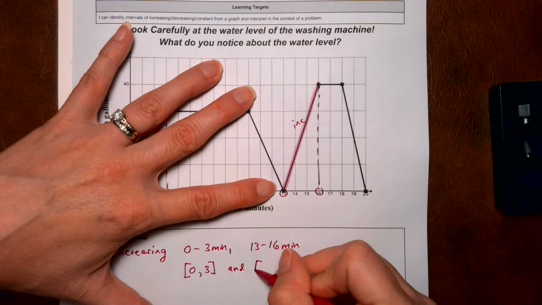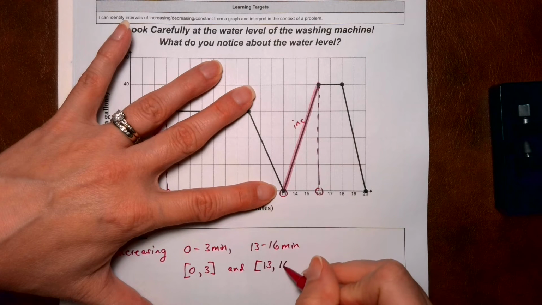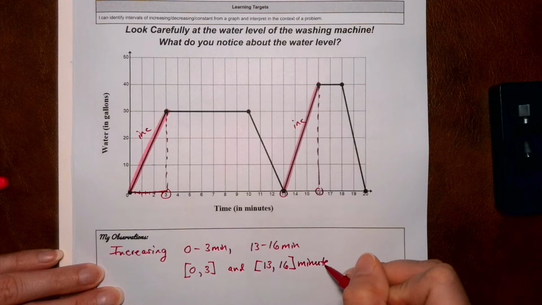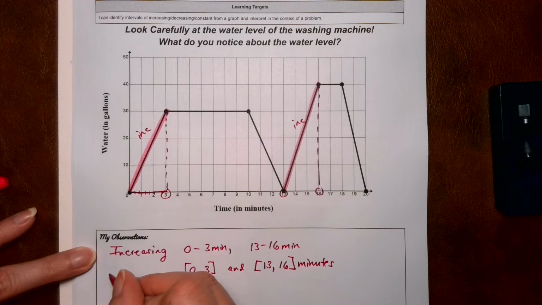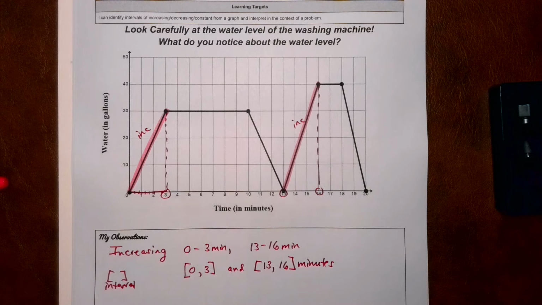Same thing here, brackets 13, comma, all the way to 16 with brackets, and we're going to say that these are minutes. And that's called interval notation. Interval means all the time in between.